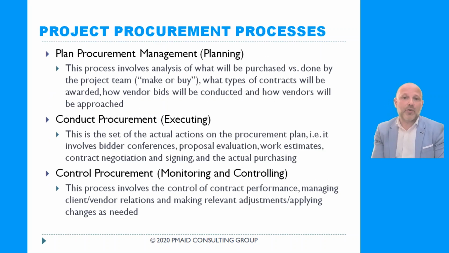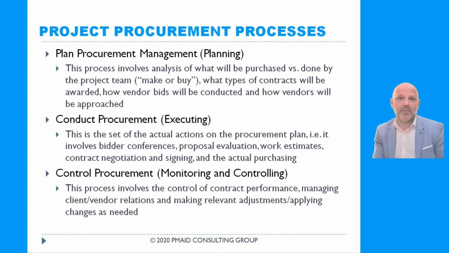Here are the project management processes related to project procurement. Plan procurement management. This process involves analysis of what will be purchased versus done by the project team, make or buy analysis. In some cases, we analyze if it makes more sense to order things from an external vendor rather than develop them internally.